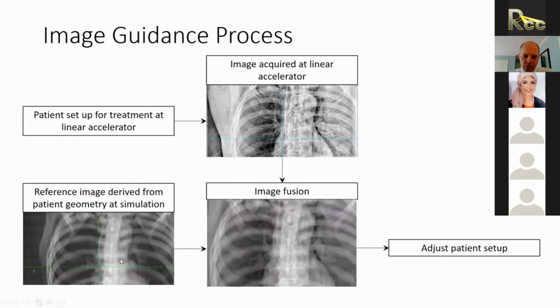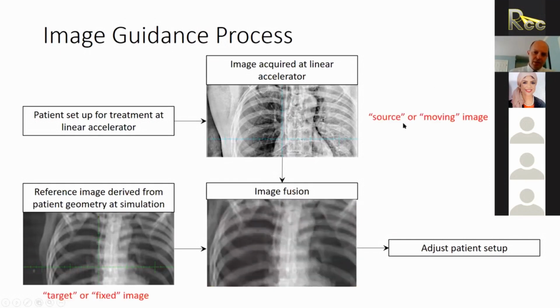And then those two images are fused, and the translation of the images relative to each other is calculated. That information is then used to adjust the patient setup. And this really should have a feedback loop, because in some cases, if the adjustment is large, there's a possibility of repeating this process for follow-up measurements.